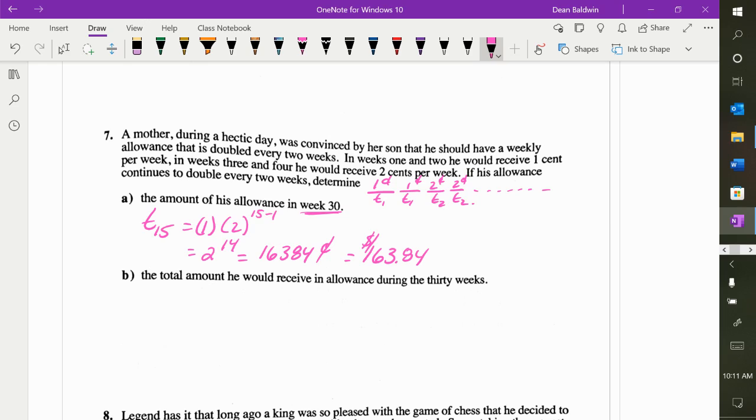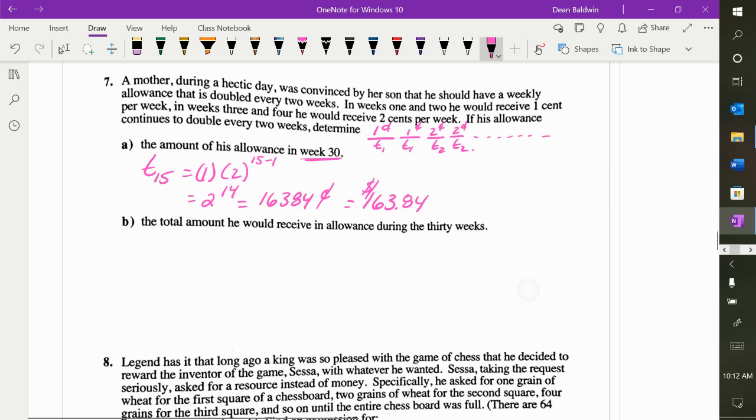Here is the question. This is the more impressive question, though. How much does he make in his 30 weeks total? It's a geometric, so we can do a summation. We know the last number, we know what T15 is.